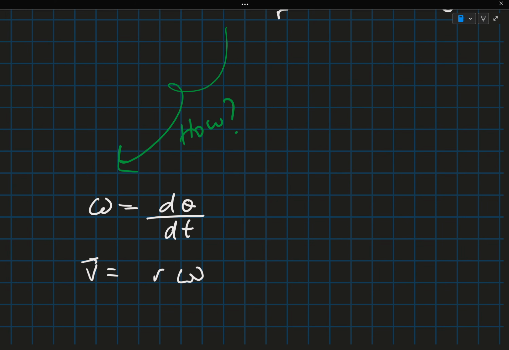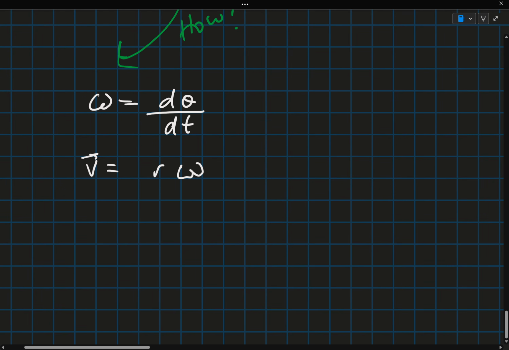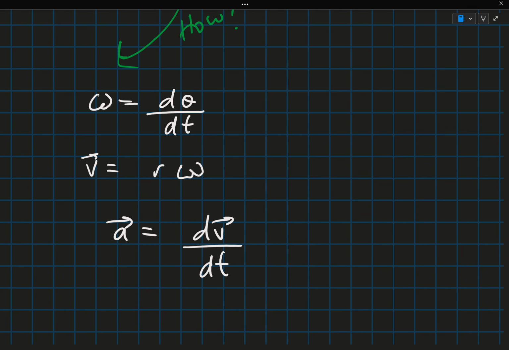So let's start with the acceleration here. We're trying to get the centripetal acceleration from these values and prove it. Centripetal acceleration is equal to the change in the velocity over time. So we know that that is acceleration.